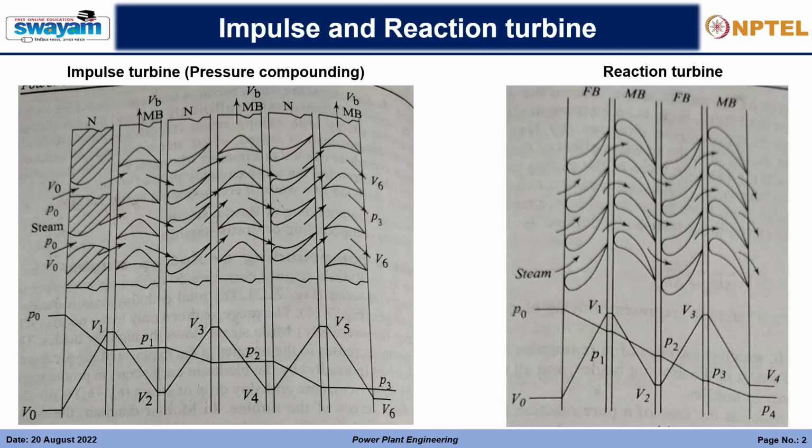In this diagram, I couldn't understand the physical arrangement of turbines, how it will be arranged like that. It shows the nozzle, moving blade, and nozzle, moving blade like that. But from the physical point of view, I couldn't understand how these turbines are arranged and how the steam is flowing like that.